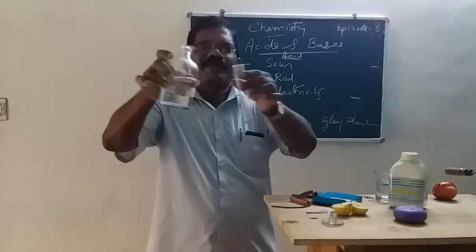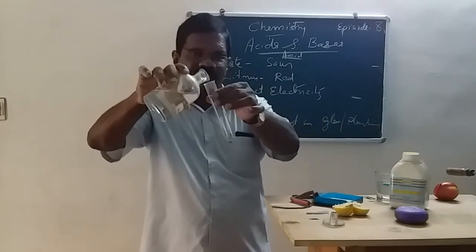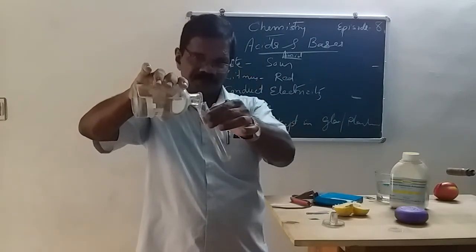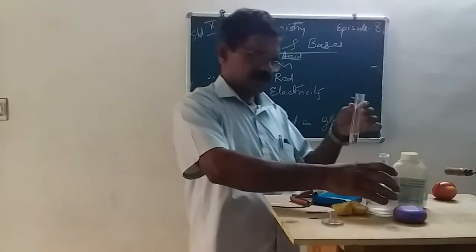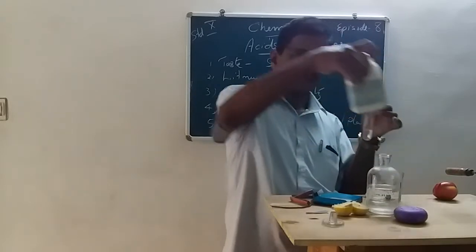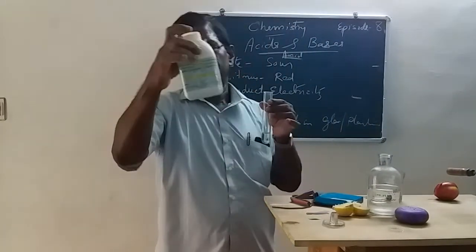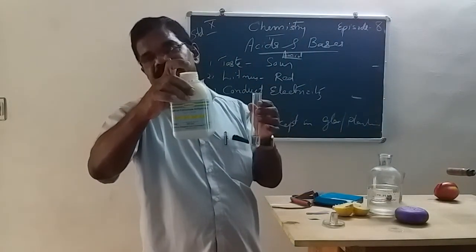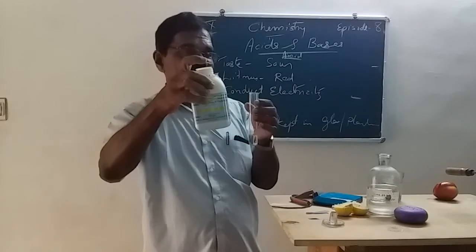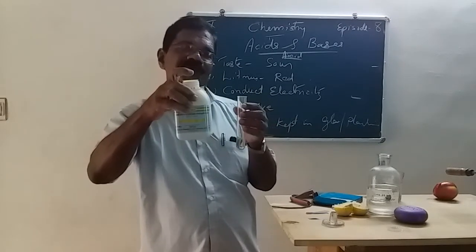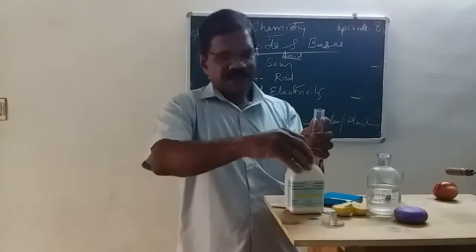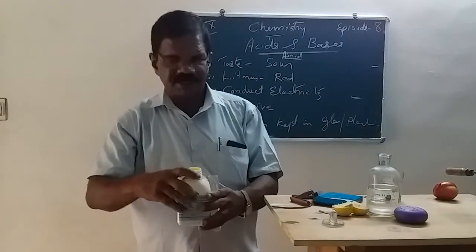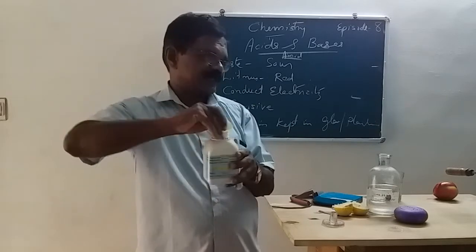Dilute sulfuric acid is taken in a test tube. What is this? Sodium carbonate, anhydrous, that is, without moisture. A little sodium carbonate is added to sulfuric acid.